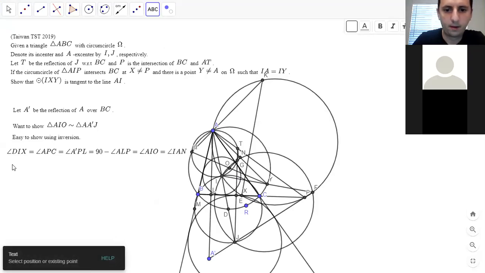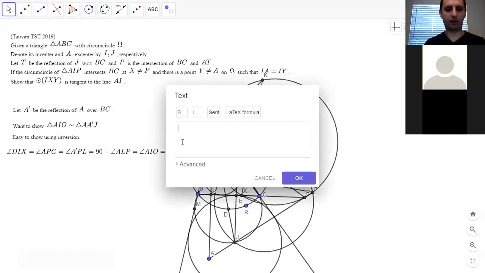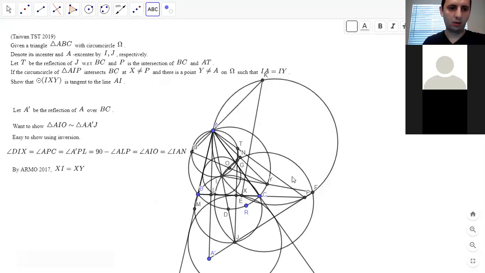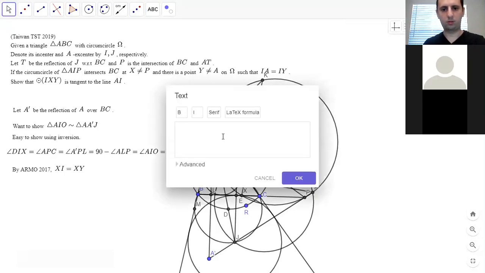Okay. So then by ARMO, XI is equal to XY. And this implies that IY is similar to IXY.